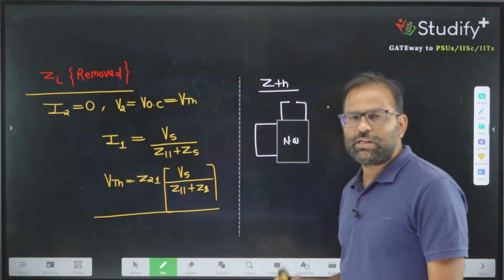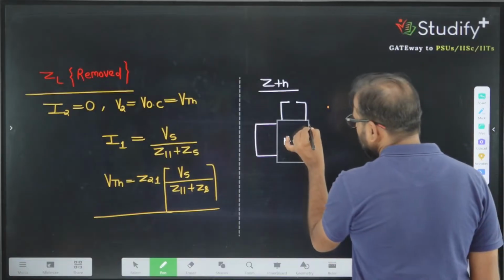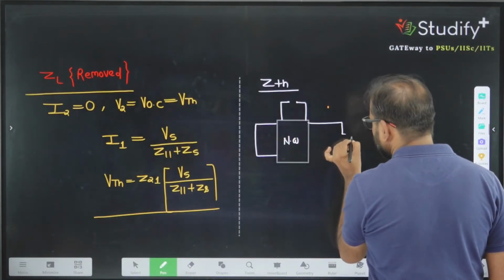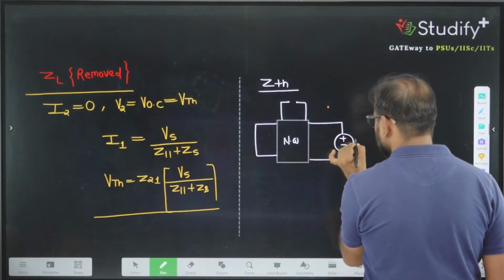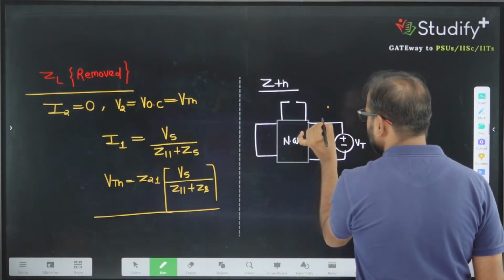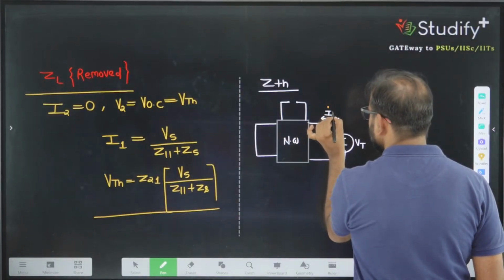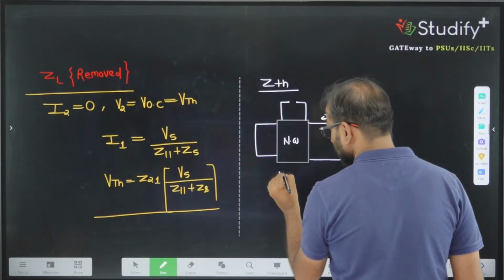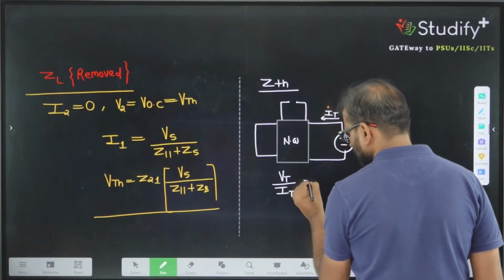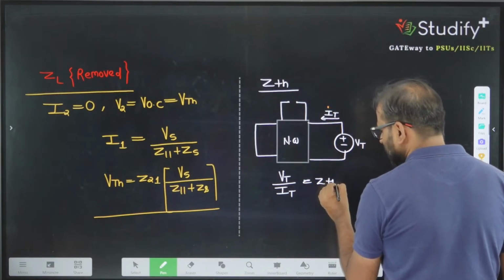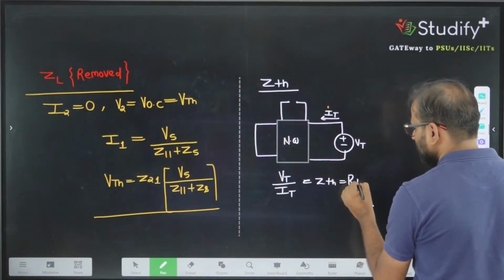We are making all independent sources equal to 0, and we will connect one test source here. This test source has value Vt, and this test source is drawing current It. Then this Vt divided by It ratio, you can call it ZTH or you can call it RTH.